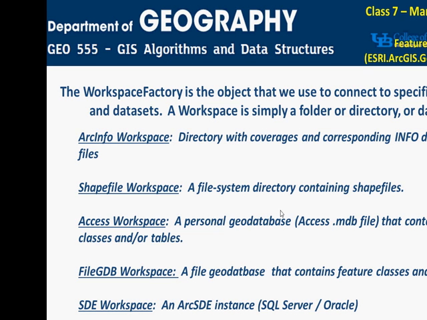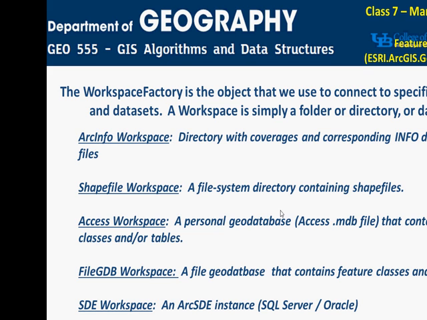So again, these workspaces represent locations where there's GIS data in a generic sense. Only data sets of that type can be accessed using that object. So if the folder has shapefiles in it and other things, when you create a shapefile workspace class on that folder, an object, it only sees the shapefiles.